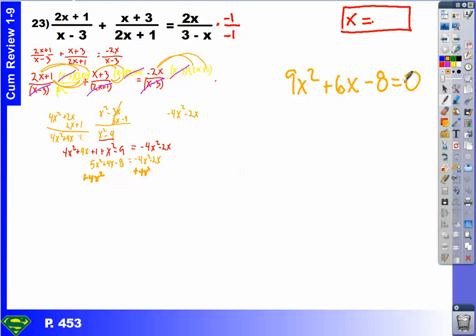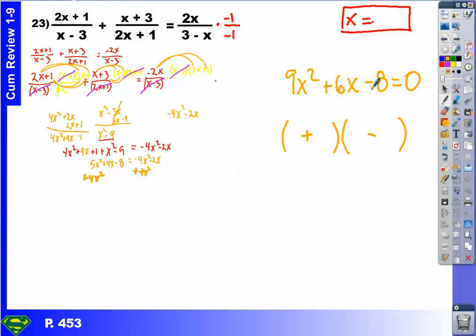I don't have a factored form expression yet, so I must factor this. So we need to figure out a binomial pair that will equal this. And I know that I'm going to have one positive inside the binomial and one negative because my last term is negative 8.